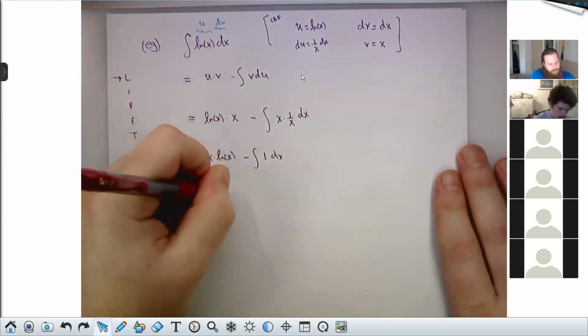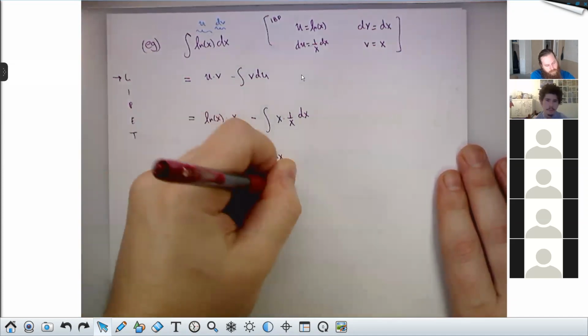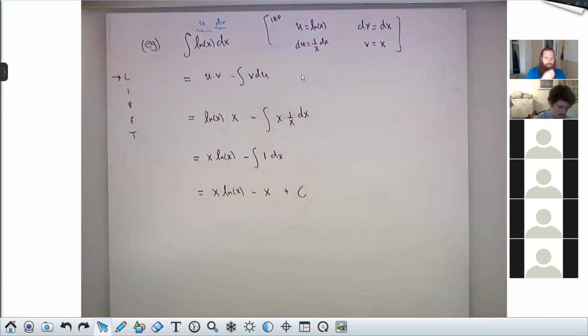So this is x ln x minus x plus a constant. And that's how you integrate the natural log. More generally, that's how you integrate any logarithm function. You run IBP with u equal to the logarithm piece and dv equal to everything else, whatever that might be.